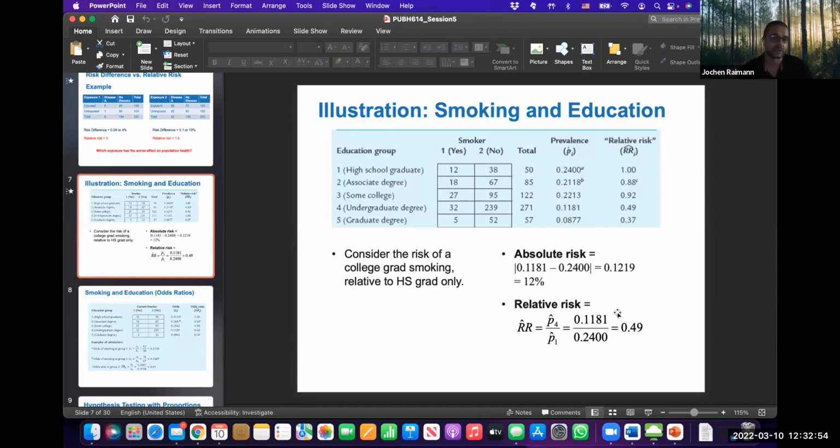If you would approach it the other way around, which you could also do, you could hypothetically take a graduate degree as the reference, and look at high school graduate as your group of interest. You would do 0.24 divided by 0.08.